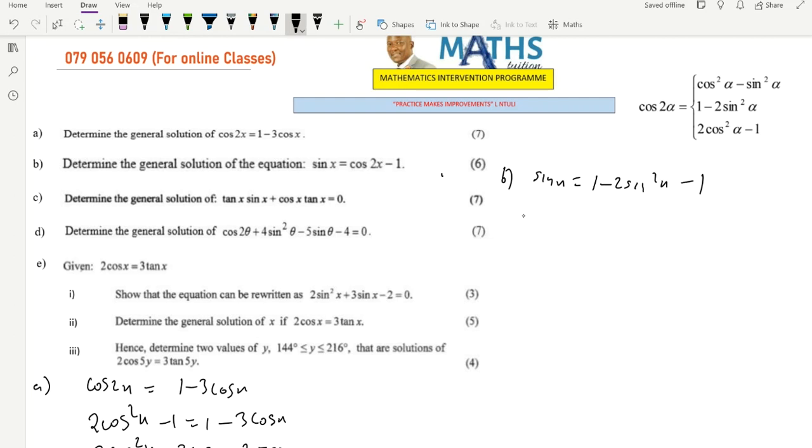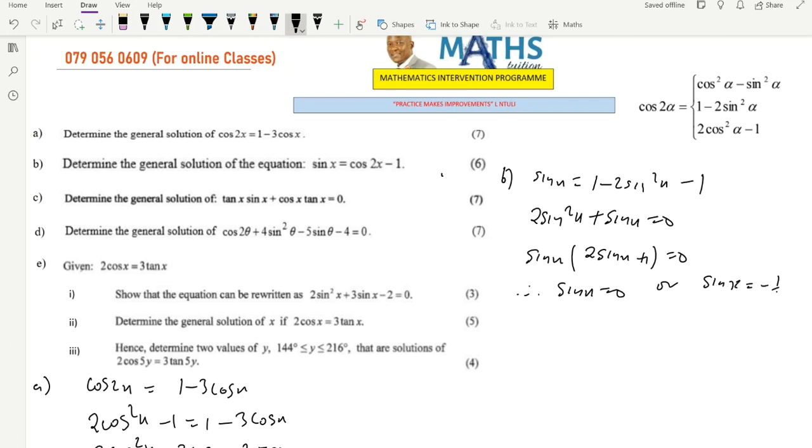Then transpose your 2, it should be 2 sine squared x plus sine x equal to 0. Come on, guys, we have to take out a common factor. Our common factor will be sine x. It means we have 2 sine x plus 1 equal to 0. Therefore, sine x equal to 0 or sine x equal to -1 over 2.